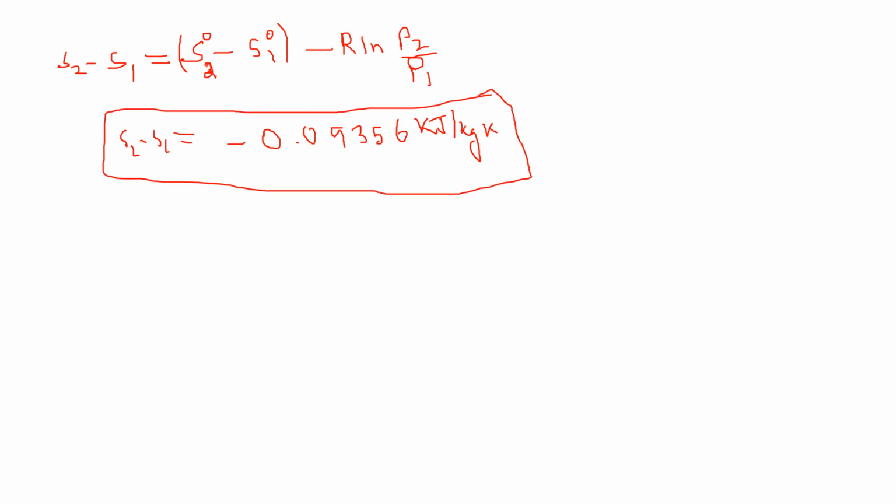Okay, so now we can find the increase in exergy, or the change in exergy, because we have all the values right now. I'll substitute into this equation, delta psi is equal to H2 minus H1 minus T0 into S2 minus S1, which we already know now.